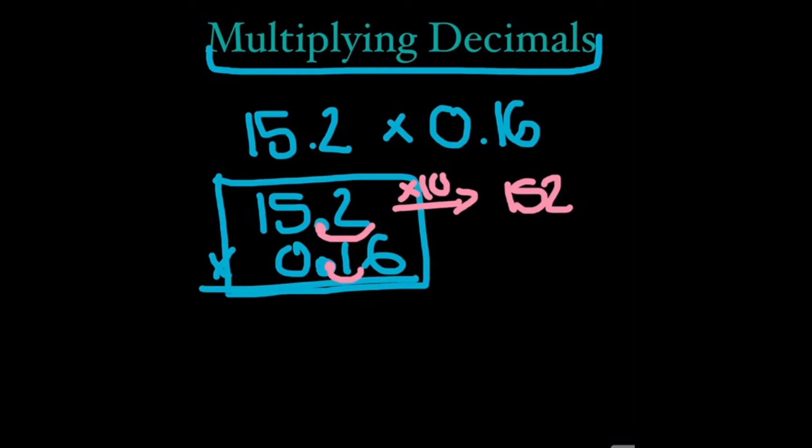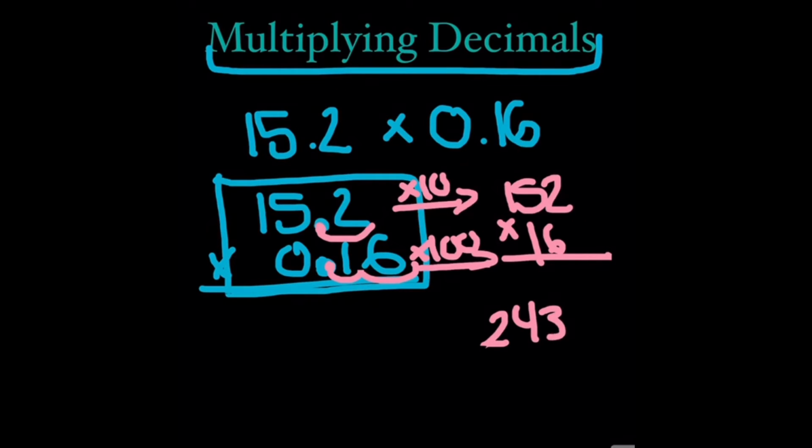And this one I times by 100, which would really lead you to 16, and you solve. This is the end thing we end up solving. When I solve it, I should get 2.432.